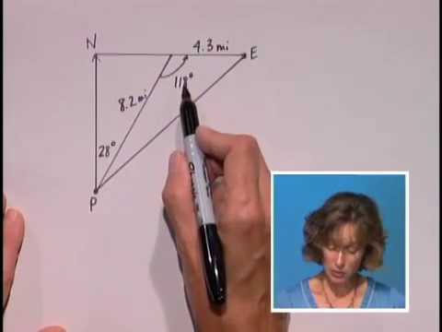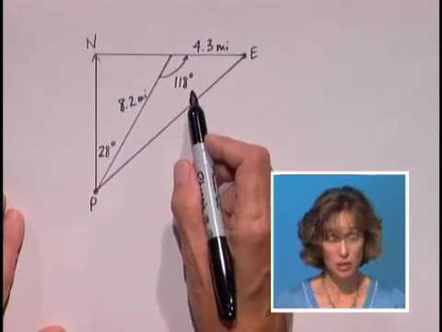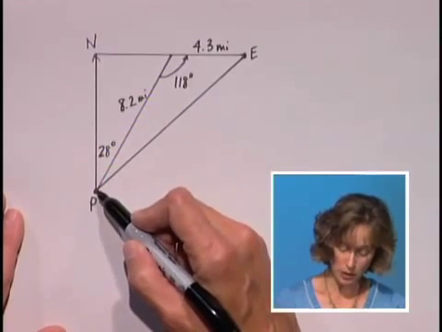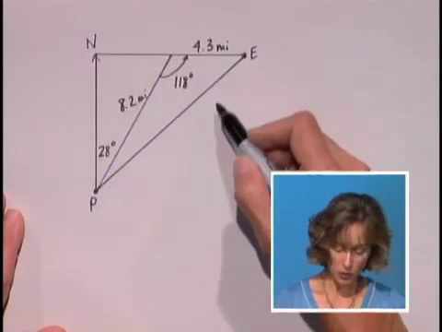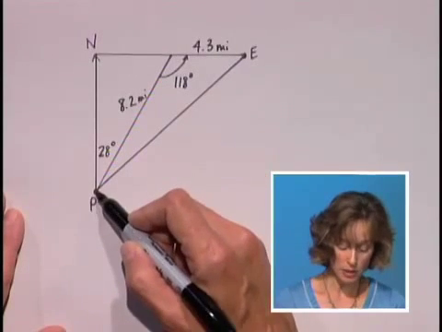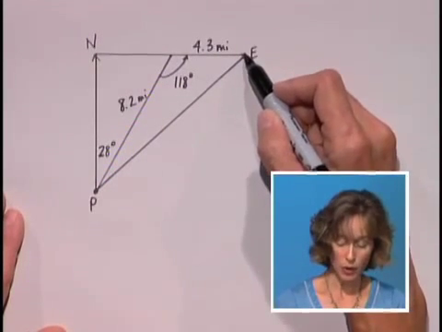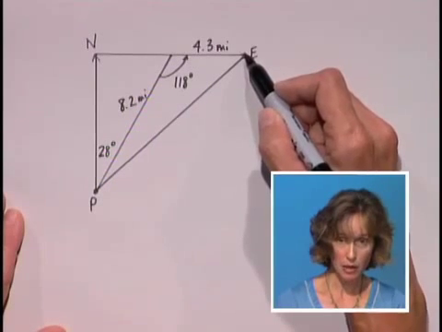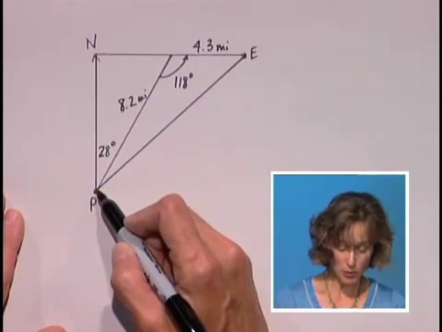In any case, what I'm interested in finding is, given all this information, what is the length of PE, or how far is the ship, here at E, from port, which is P.